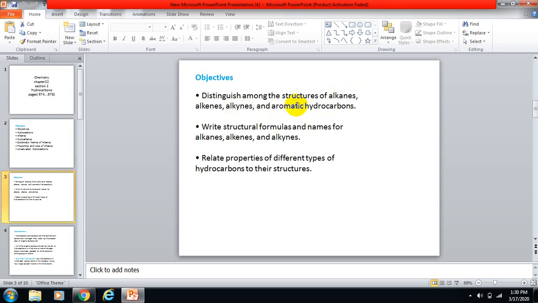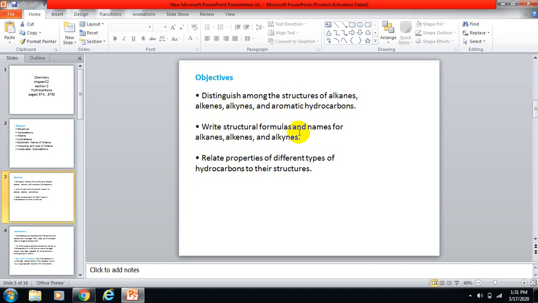Carbon is considered the backbone, as we studied in organic chemistry, but here we include the hydrogen as well. Whenever the hydrogen and carbon have single bonds, we give them the name alkanes. Whenever there are double bonds, we call them alkenes, E-N-E-S. And whenever there is a triple bond, we call them alkynes. Got the idea?